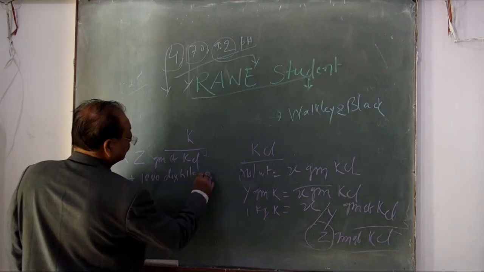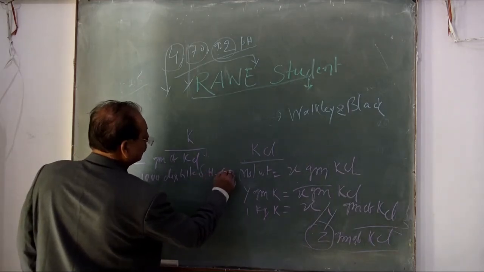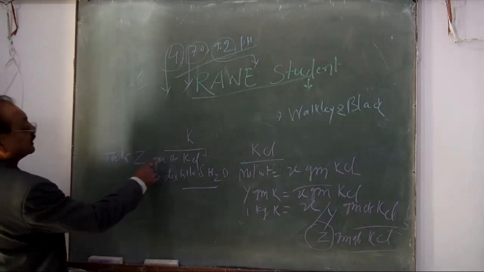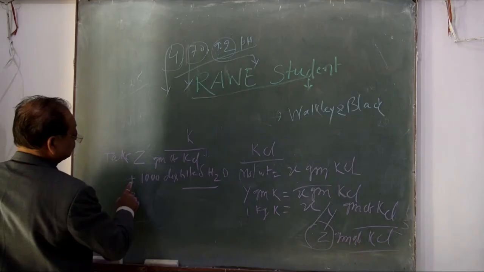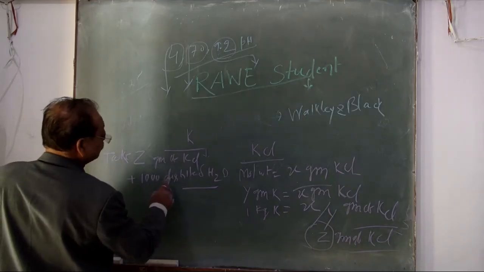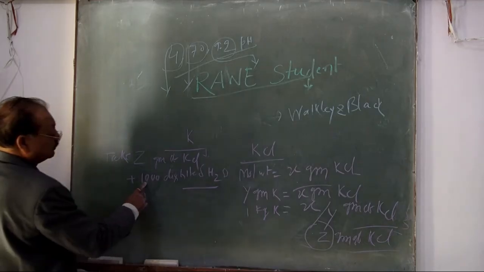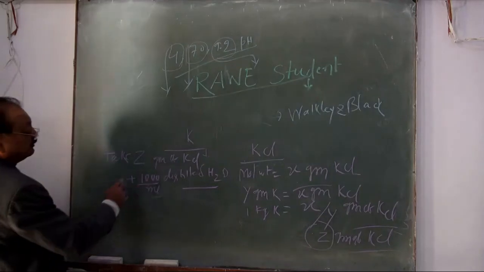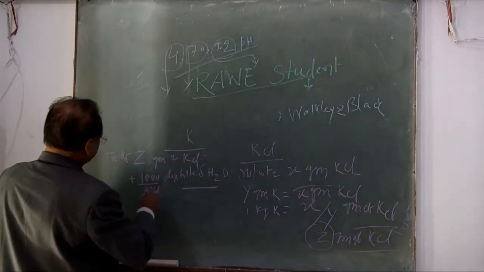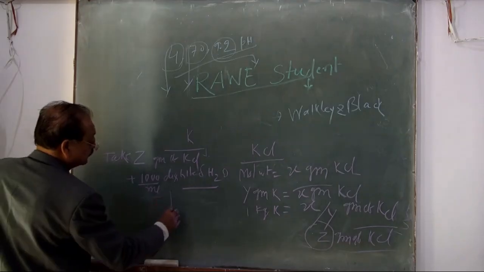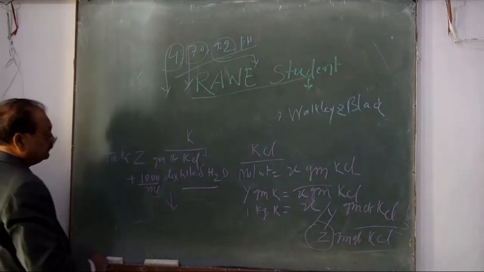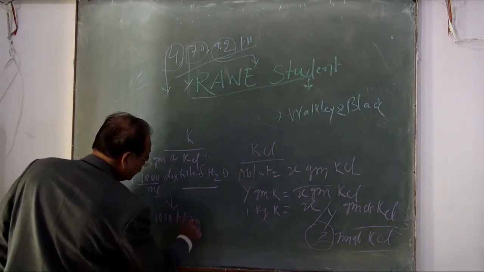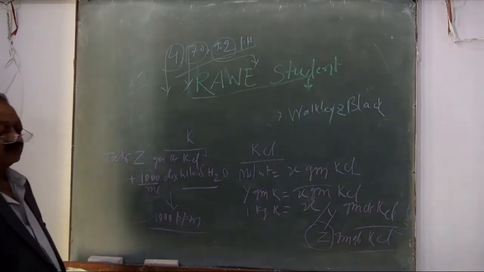Take Z gram of KCl in 1 liter distilled water, and the strength of the solution will be 1000 ppm. Okay?